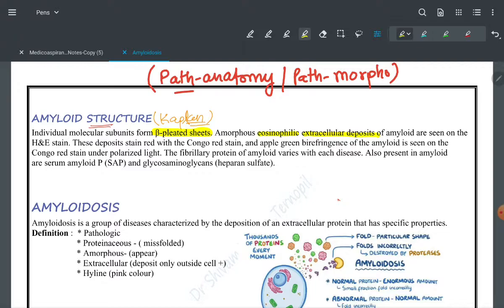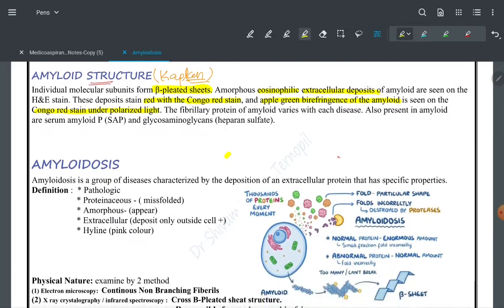These deposits stain with the Congo red stain, appearing red, and apple green birefringence of amyloid is seen when Congo red is viewed under polarized light. The fibrillary protein of the amyloid varies, and also present in amyloid is serum amyloid P. These things, if you ignore them, that is also going to be okay.